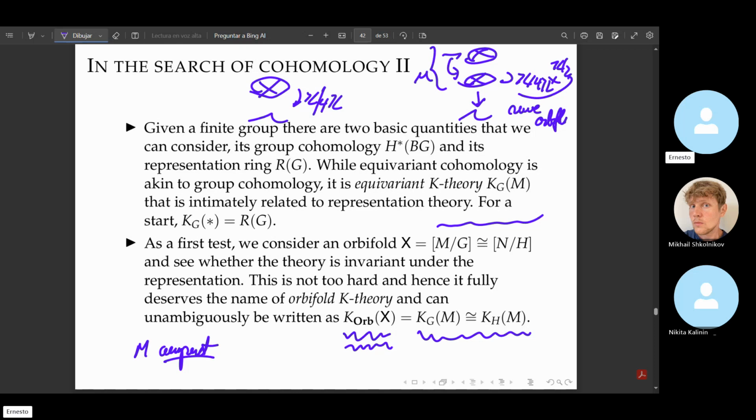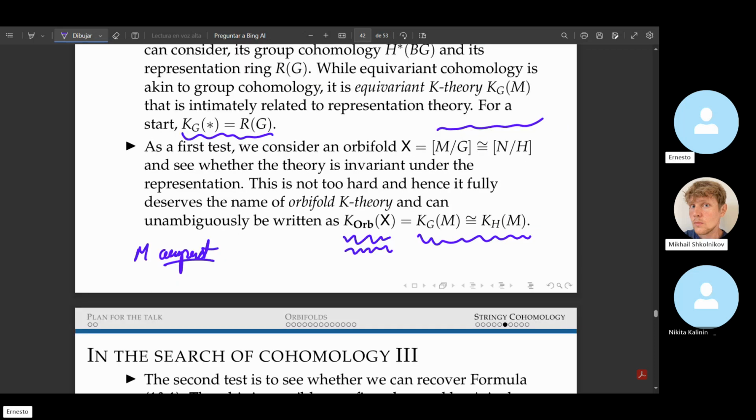Form this Grothendieck group of equivariant vector bundles. If you have an equivariant vector bundle over a point, it's a representation. It's the same thing as a representation. And the Grothendieck group of representations is the representation ring of G. Okay? Yes.